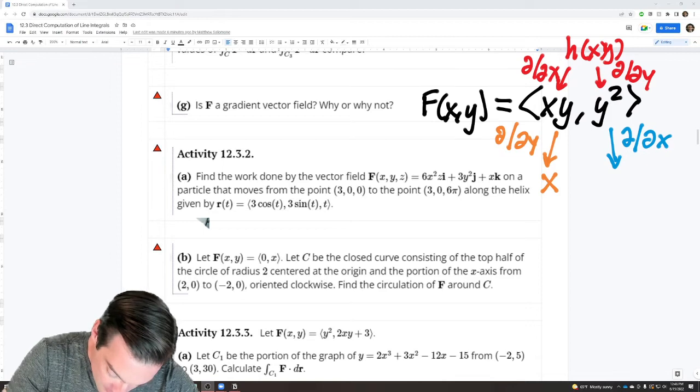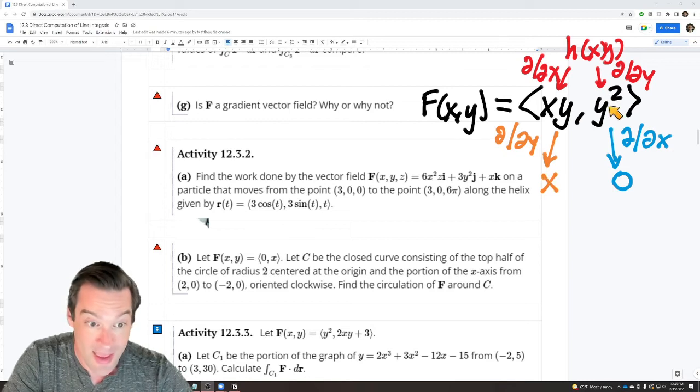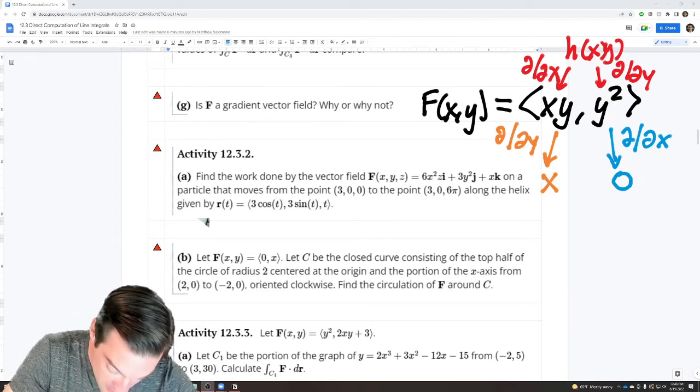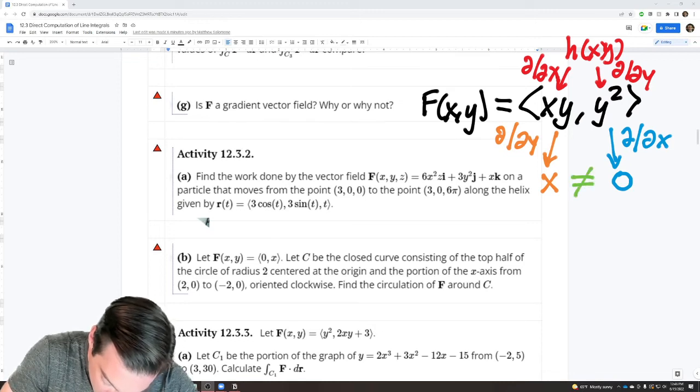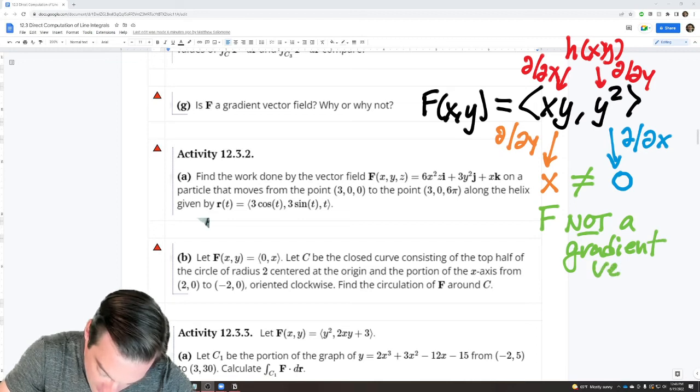And what we find out is, at least in this example, when I take the y partial derivative of the x component, I get x. When I take the x partial derivative of the y component, I get 0. And therefore, since those two things are not equal, we can say for absolute certainty F is not a gradient vector field. There is no such function h of x and y that has as its gradient our vector field.